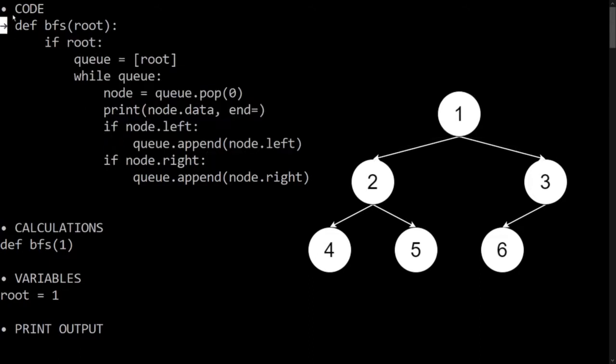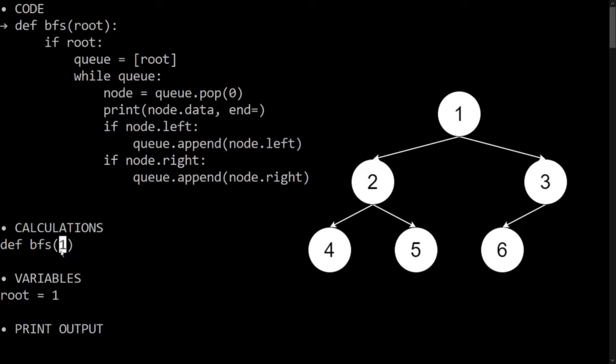This arrow indicates which line the program is currently executing. This is the calculation section. This section is important because it shows what values the variables are carrying. So for example, in the first line, the value that is passed inside the function is 1. Notice that 1 is not the actual value of the root, because root is actually carrying a node object, but we are representing the node object by its data.